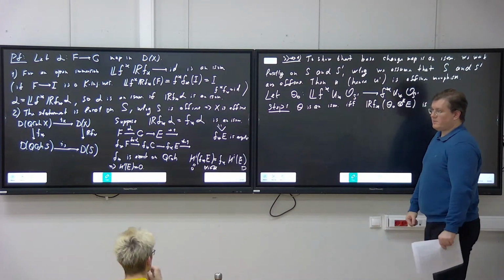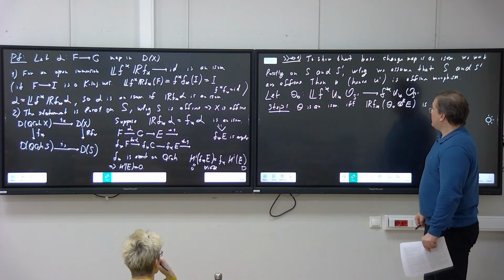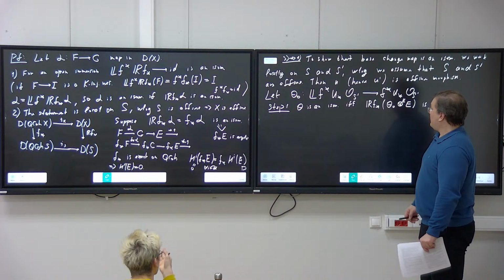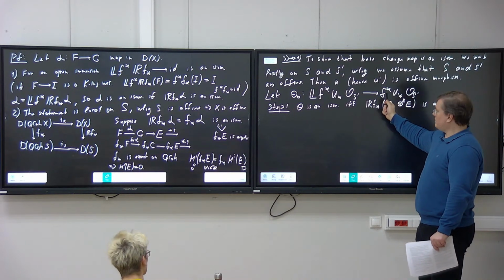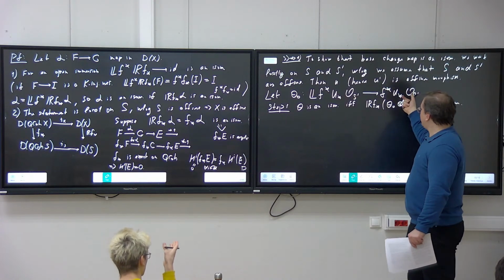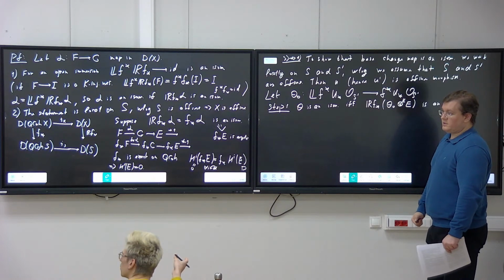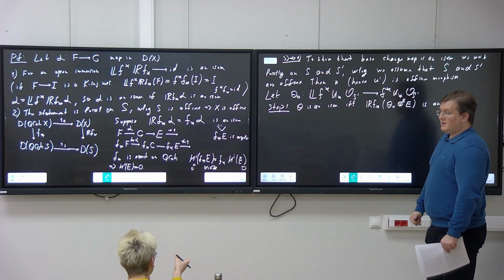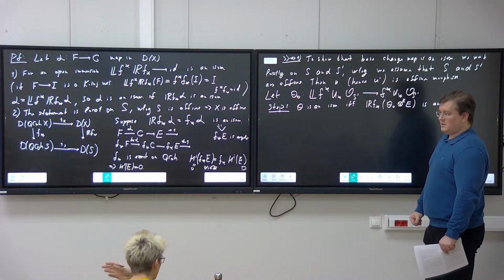A kind of technical step. Right, so theta 0 is just the map from the derived functor to its underived functor. To its zero homologies, yeah, if you can say it like this. And there is nothing apart from it because there are no homologies on the left.